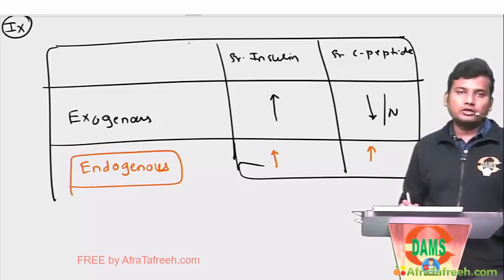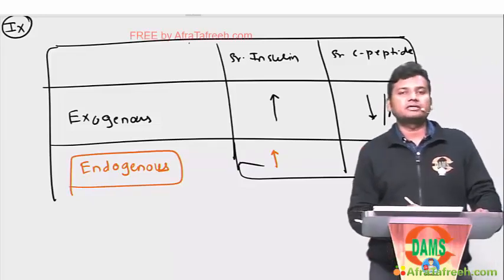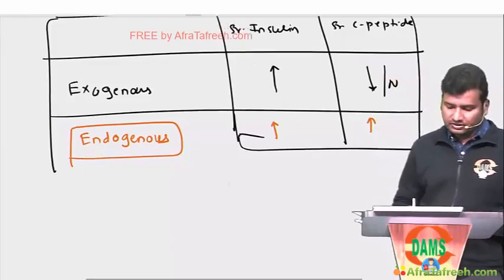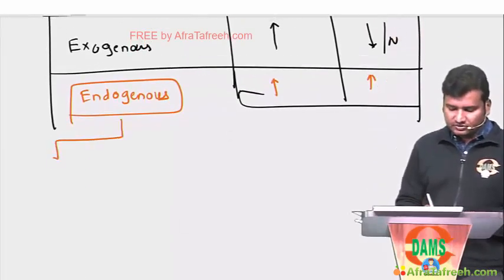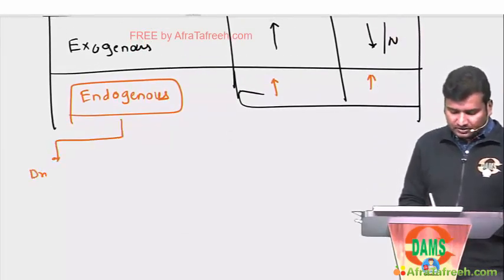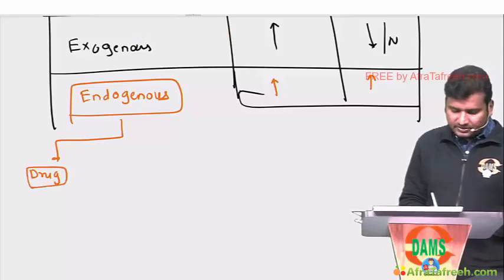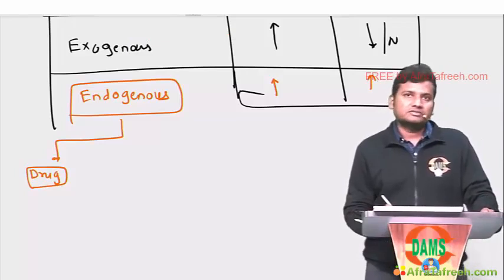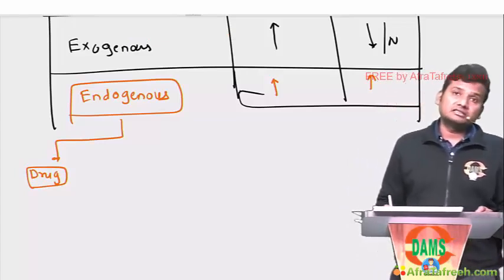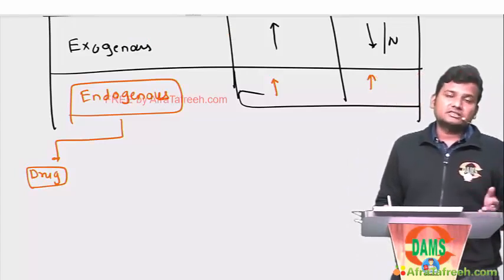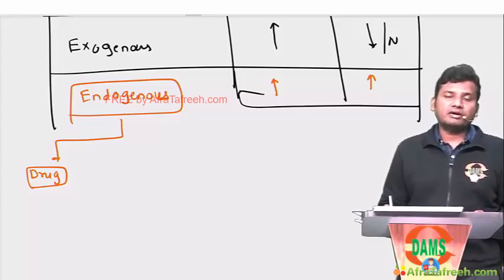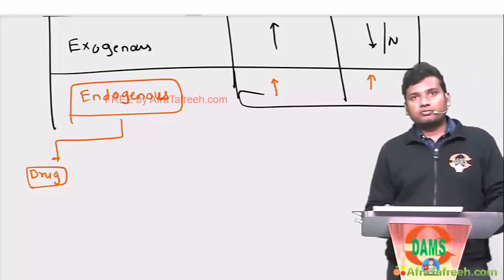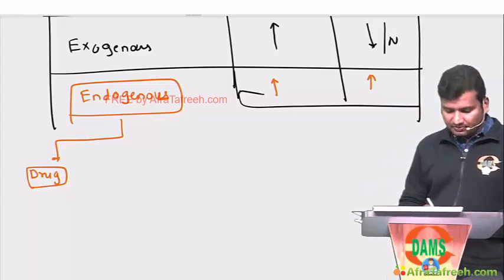So there are two possibilities of increased endogenous insulin. First possibility, which is more common, is drug. The patient has taken a drug which can block the potassium channel and it is increasing the secretion and synthesis of insulin by beta cells. The drugs commonly responsible for hypoglycemia are sulfonylureas.